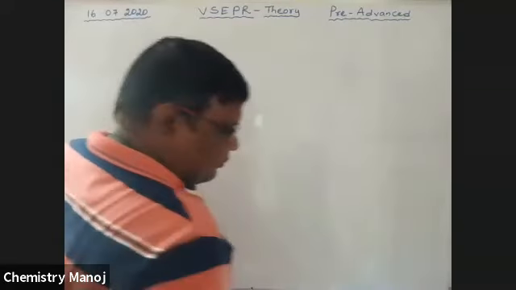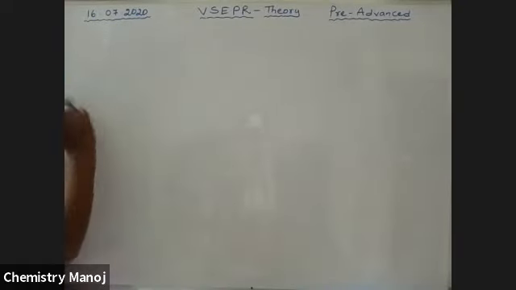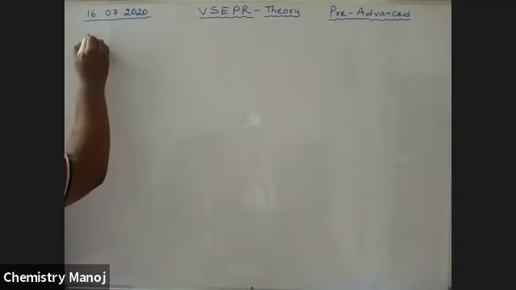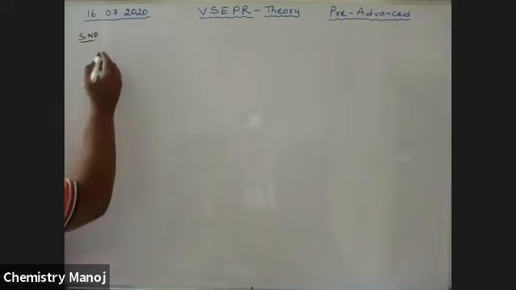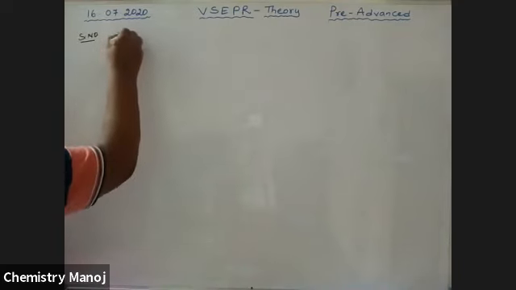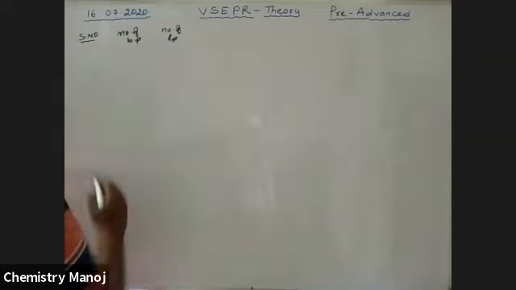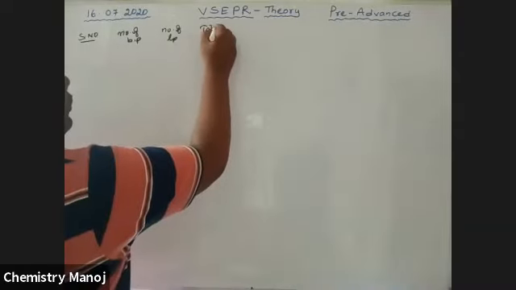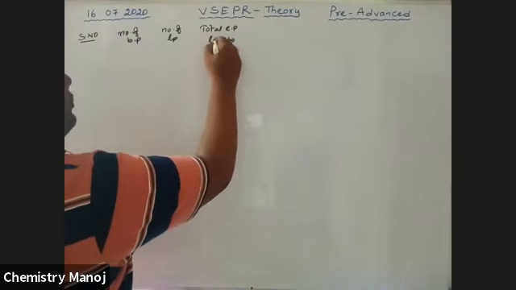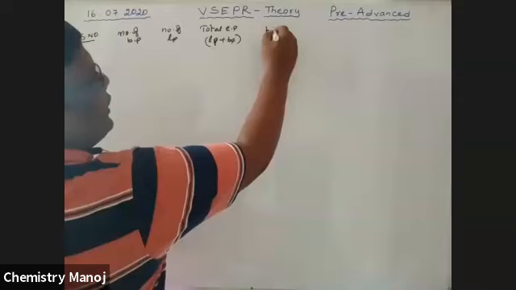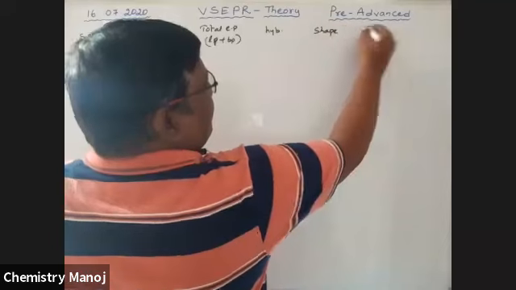See boys, for example, the columns are: serial number, number of bond pairs, number of lone pairs on the central atom, total electron pairs, that is lone pairs plus bond pairs, hybridization of the central atom, shape, and examples.